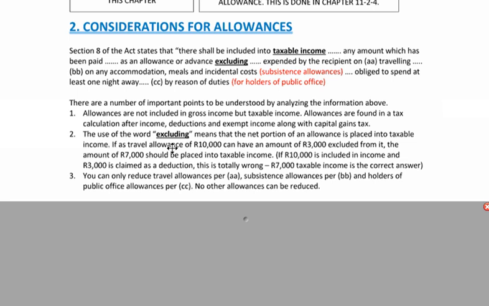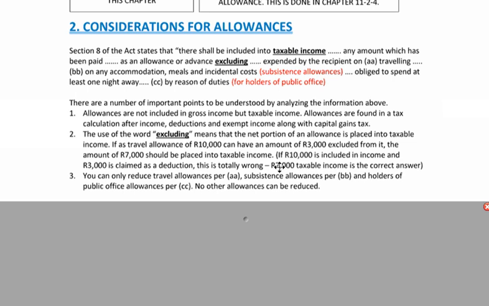If a travel allowance of 10,000 can have an amount of 3,000 excluded from it, the amount of 7,000 should be placed in taxable income. If 10,000 is included in income and 3,000 is claimed as a deduction, this is totally wrong. 7,000 taxable income is the correct answer. Please, the 3,000 Rand is not a deduction for income tax purposes.